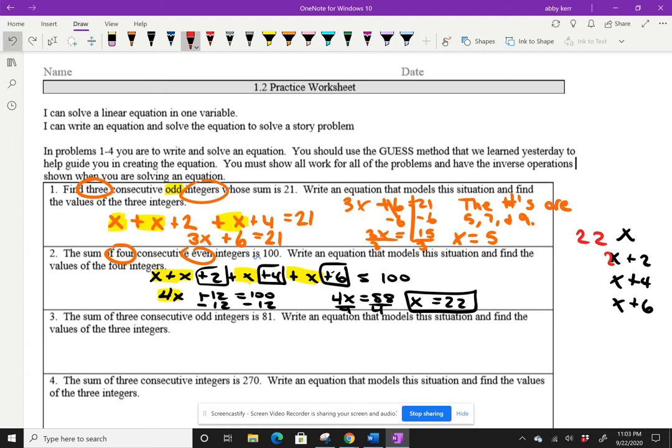It's 24. 22 plus 4 is 26. 22 plus 6 is 28. If you add all four of these numbers together, you are going to get 100. So you can say the numbers are 22, 24, 26, and 28.